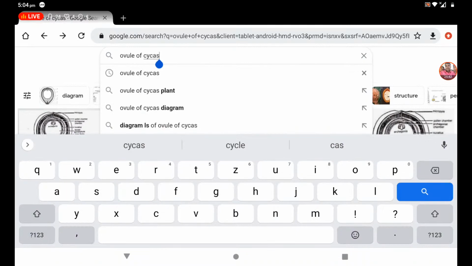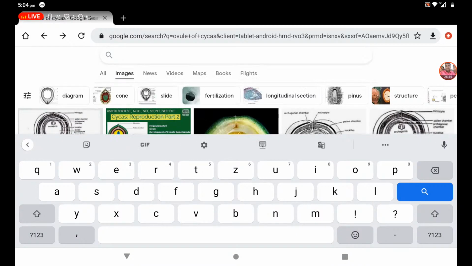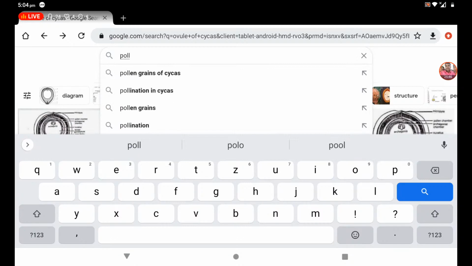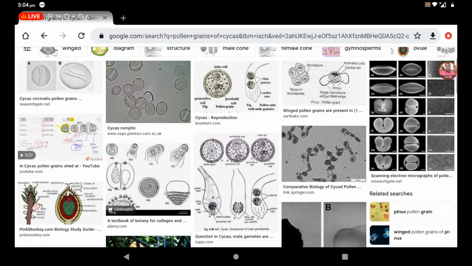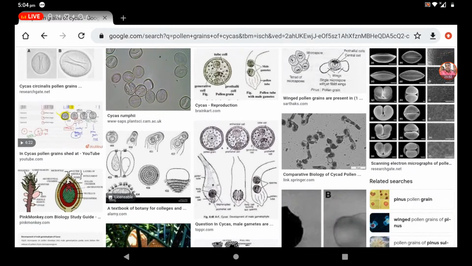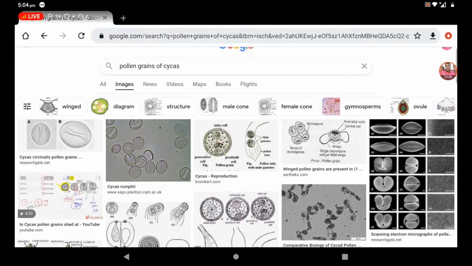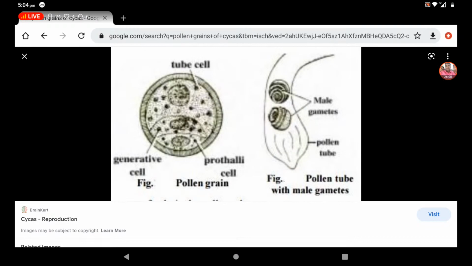Now if we take the pollen grain. Pollen grains of Cycas or any other gymnosperm will generally be in a four-celled state.